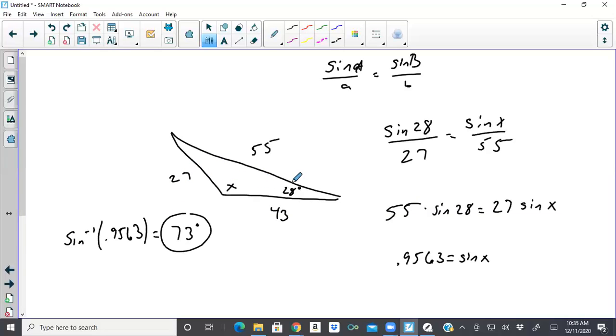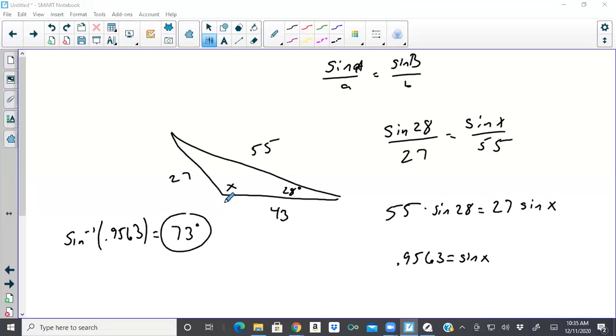Mr. Keller probably taught you to be really, really careful with these, because you have to pay attention to your angles. Your calculator is only programmed to give you one angle, and sometimes the angle is right and sometimes it's not. And specifically, I believe you were told to be really careful with the law of sines when the angle was obtuse.